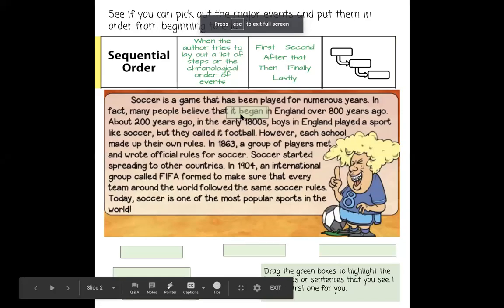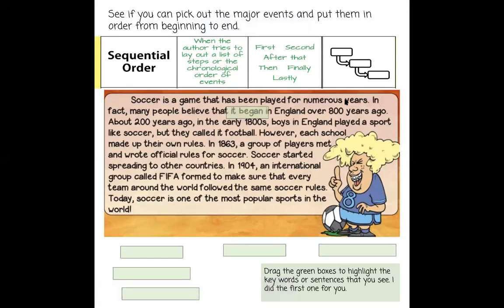I said it began. Soccer is a game that has been played for numerous years. Well, that doesn't really tell me anything in order. In fact, many people believe it began in England over 800 years ago. Okay, well, I know if I'm sequencing, if it says it began, this is going to be the beginning of my order here. So I know that is important.